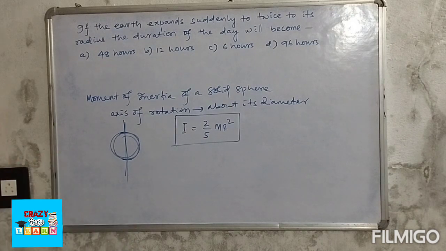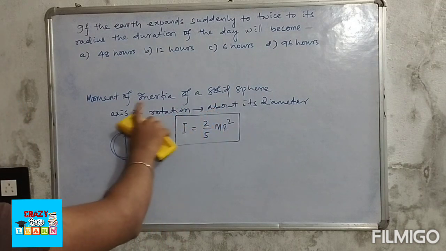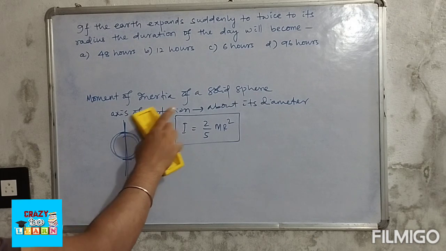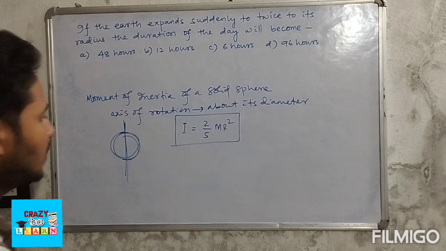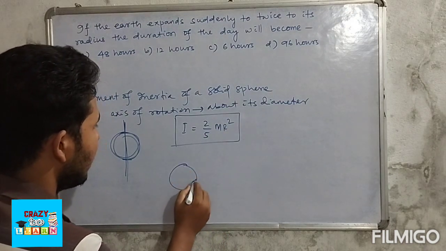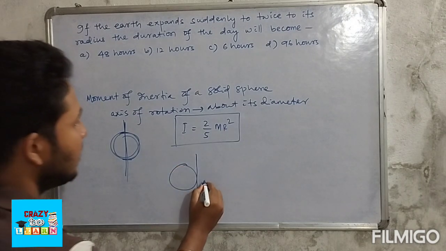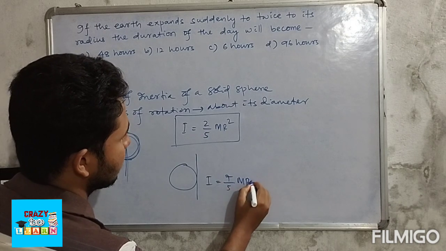Okay, now we will go for the solution. Remember this formula. When you take the moment of inertia of a solid sphere with axis of rotation about its tangent, it will be 7 by 5. It will be different. When you take a solid sphere and the axis of rotation is here, then the moment of inertia I is equal to 7 by 5 mr square.